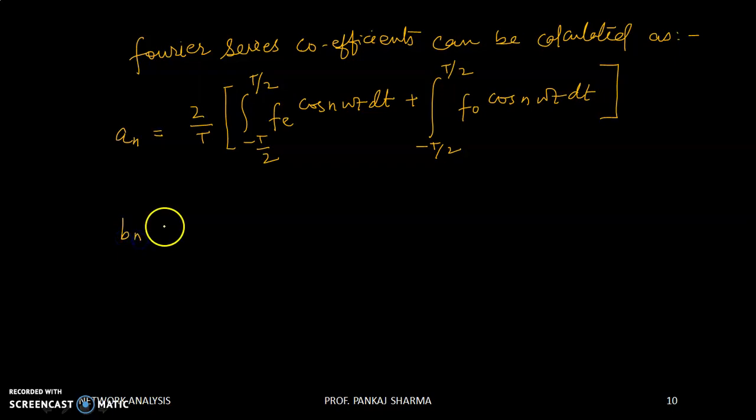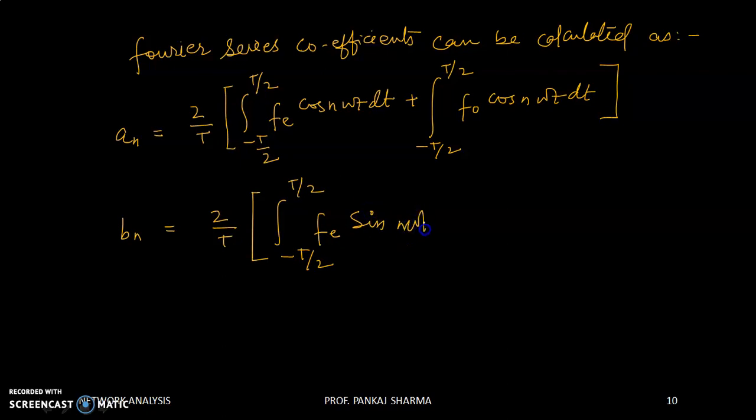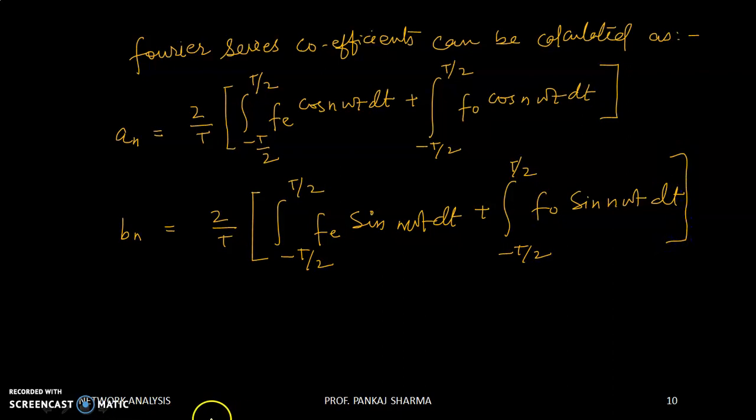Likewise, Bn is equal to 2 by T, integral from minus T by 2 to plus T by 2 of f even sin n omega t dt, plus integral from minus T by 2 to T by 2 of f odd sin n omega t dt, bracket closed.